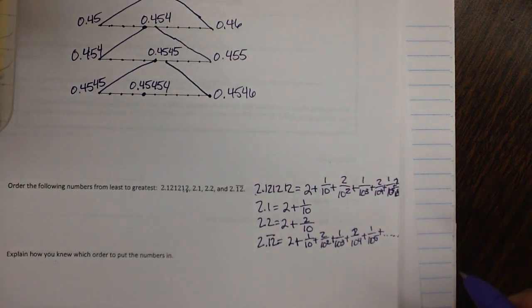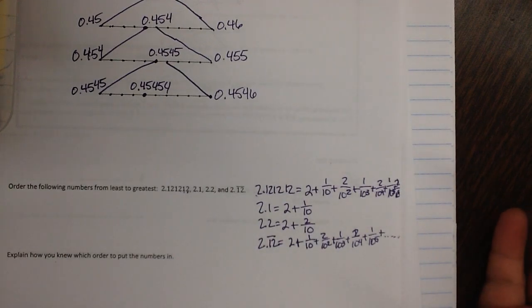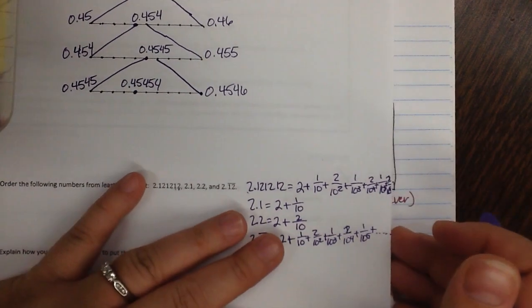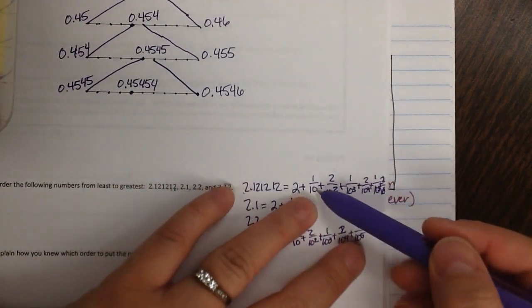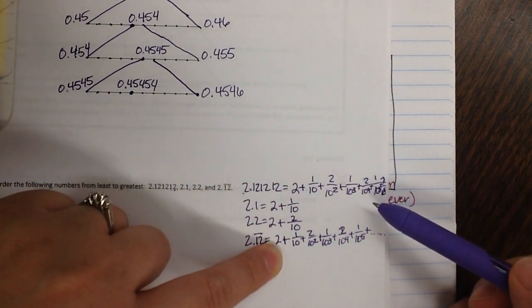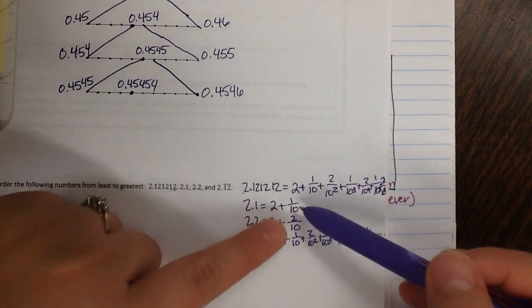So if we look at the fractions, because they have the same decimal, we should be able to put them in order. If we look at the fractions, they have the same denominator. So the 2's kind of cancel each other out. Okay, so then the next lowest one would be 2.1.